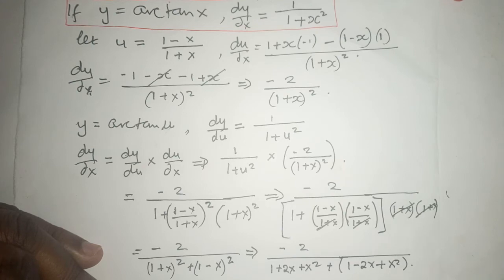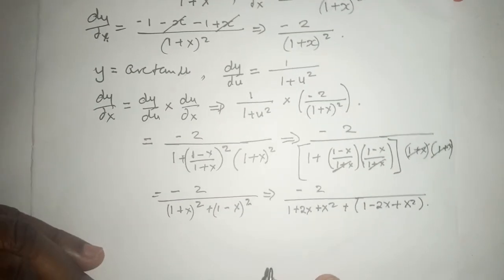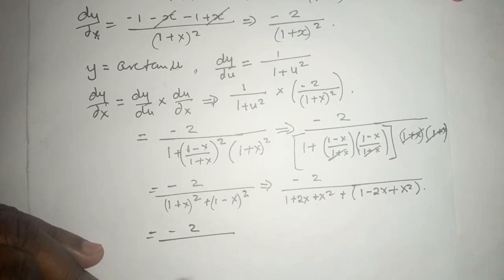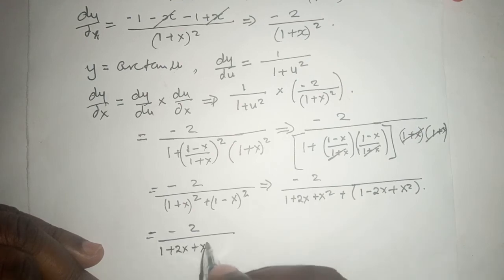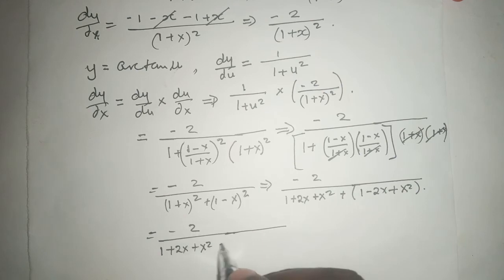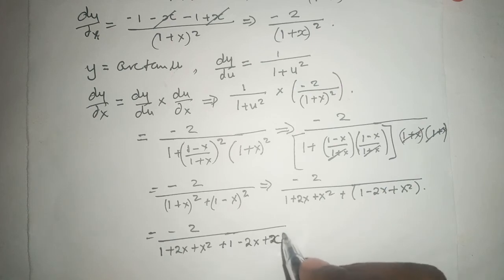So if you open this bracket now, we have something that looks like minus 2 all over (1 plus 2x plus x squared) plus (1 minus 2x plus x squared).